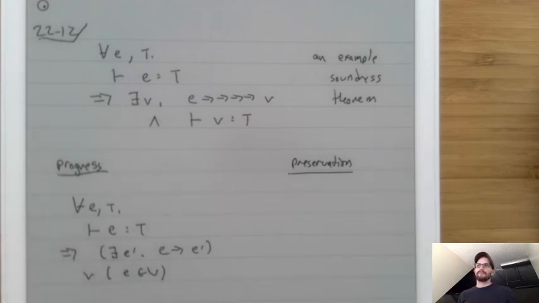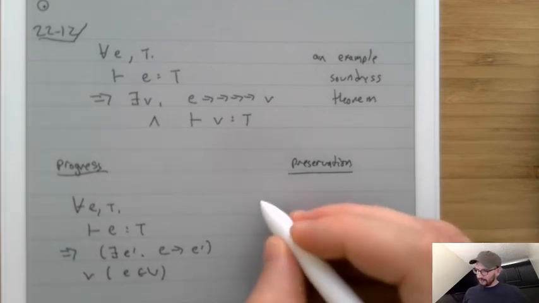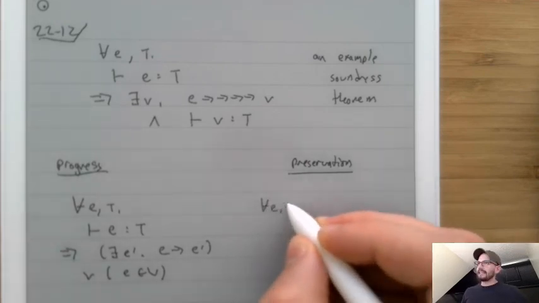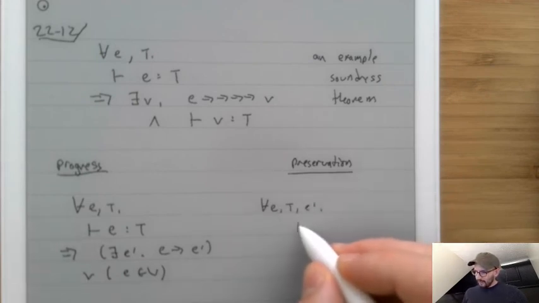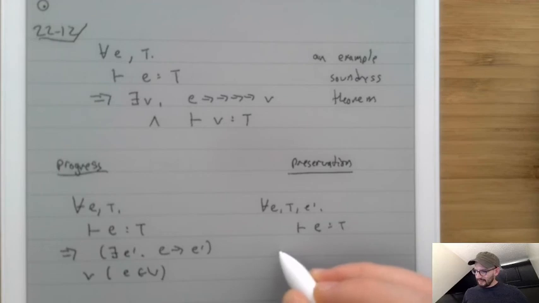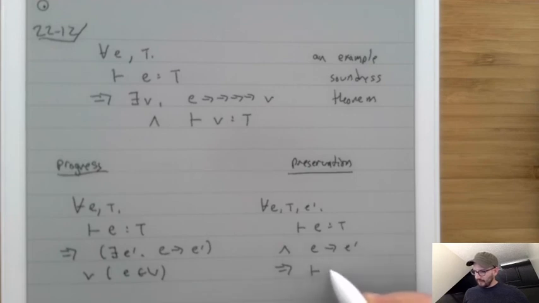Meaning that it won't have any undefined behavior, it won't get stuck, it won't stop running, it won't be partial, etc. And preservation says, for all e, t, and e prime, if we predict that e has type t, and e runs and turns into e prime, then that implies that we would also predict that e prime has type t.